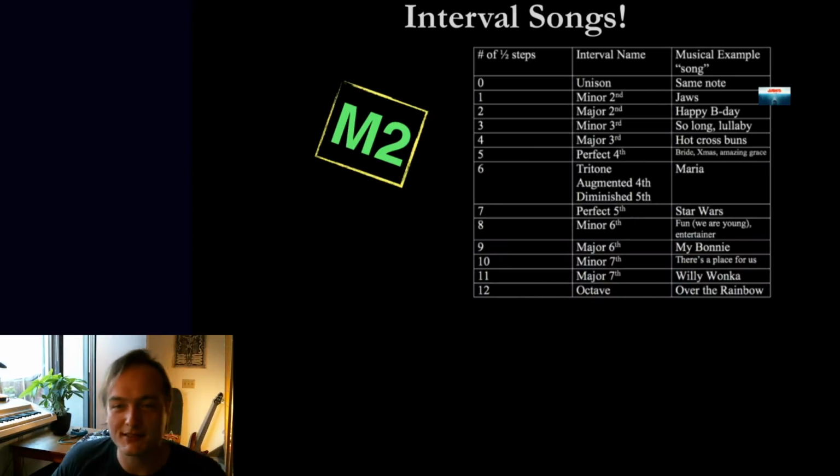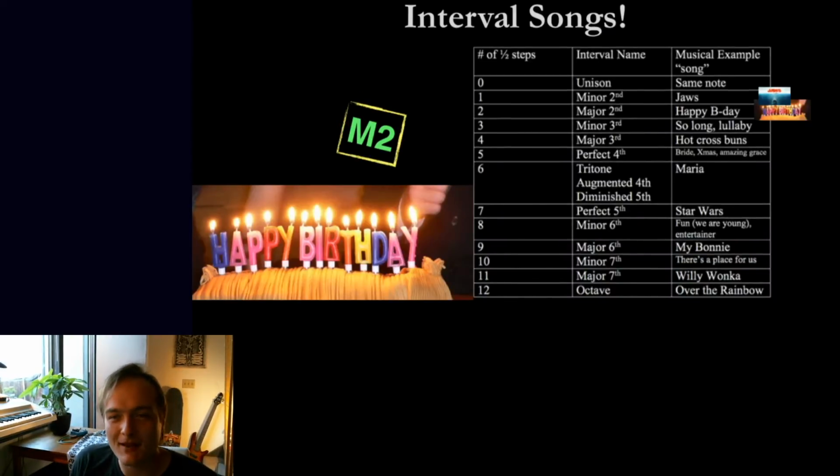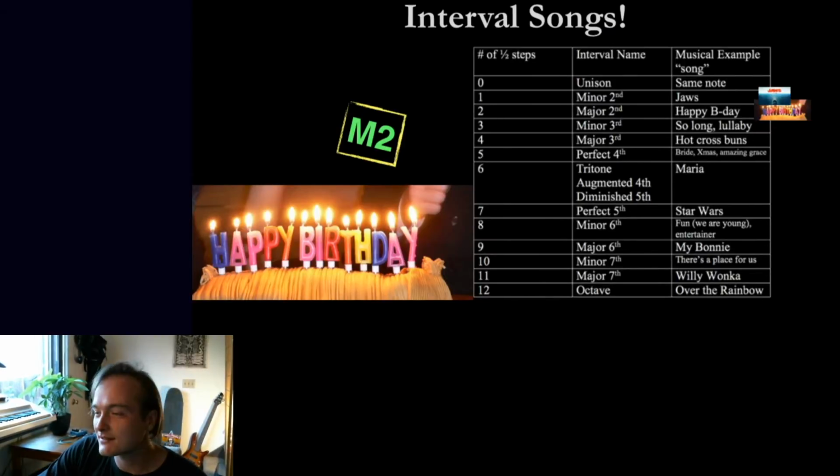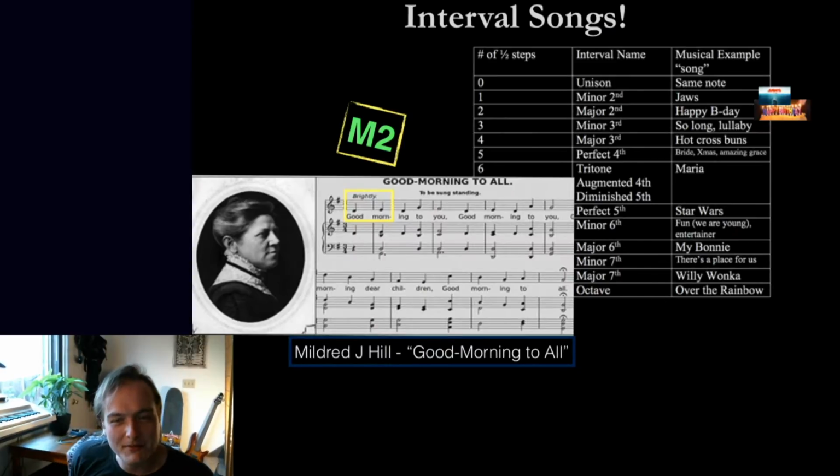This will be the major second. For the major second, the one most commonly referred to on the list is Happy Birthday. The Happy Birthday song opens with "Happy Birthday" on a major second, between D and E in this case. In fact, it's interesting to note that this song was written by a kindergarten teacher from Kentucky named Mildred J. Hill.